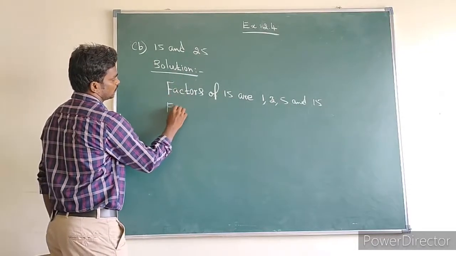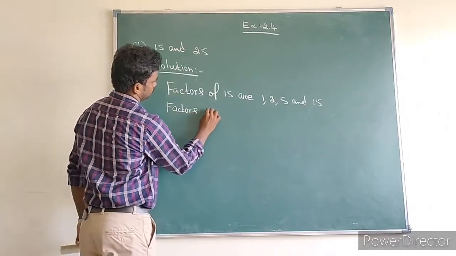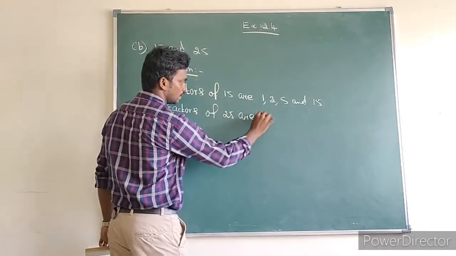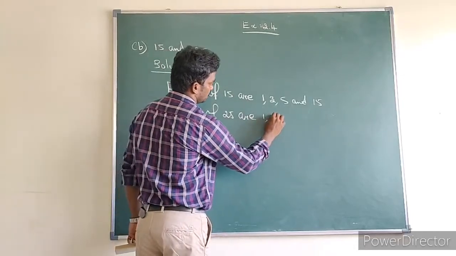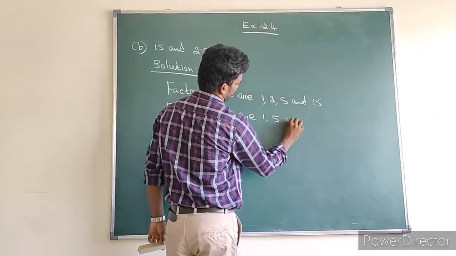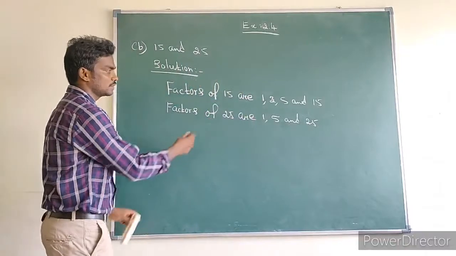What are the factors of 25? 1 is a factor of every number. So 1, 5 and 25. 1, 5 and 25 are the only factors of 25.